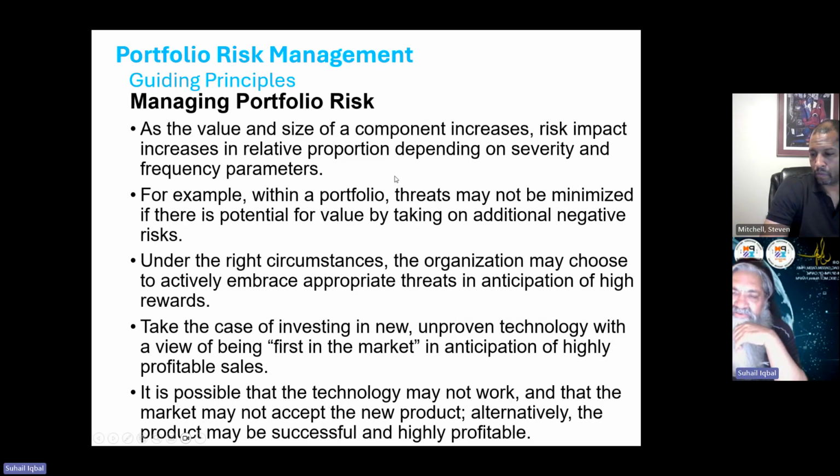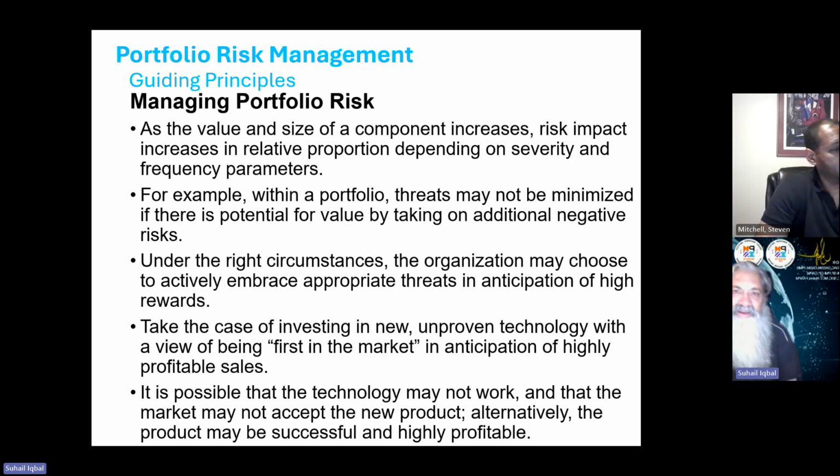As the value and size of a component increases, risk impact increases. I think you have to absorb that with the change of level. The same kind of risk at project level may have caused a damage of $100.